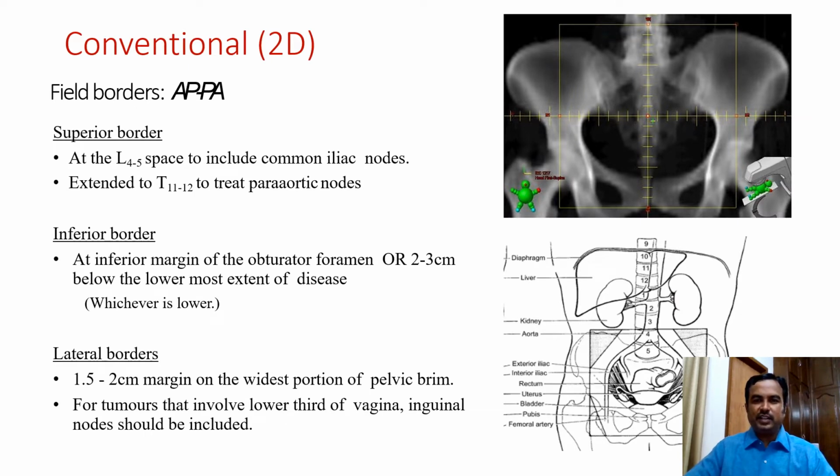So first let us see the conventional treatment planning technique which was used for cervix treatment. This slide shows the AP-PA technique which was initially used, I would say some 15-20 years back when I was working in a government institution.